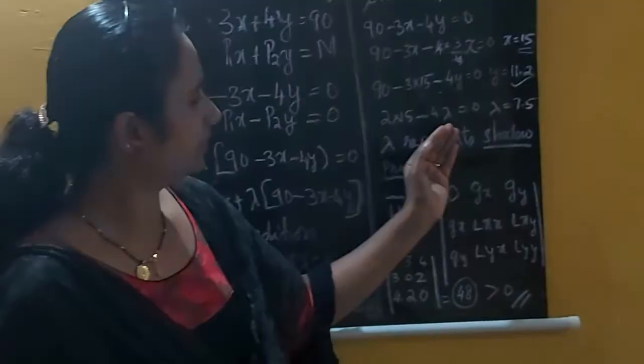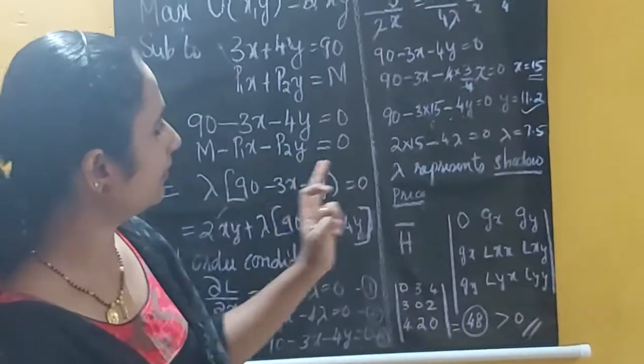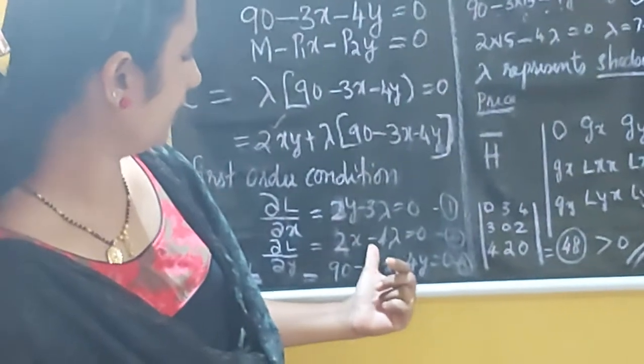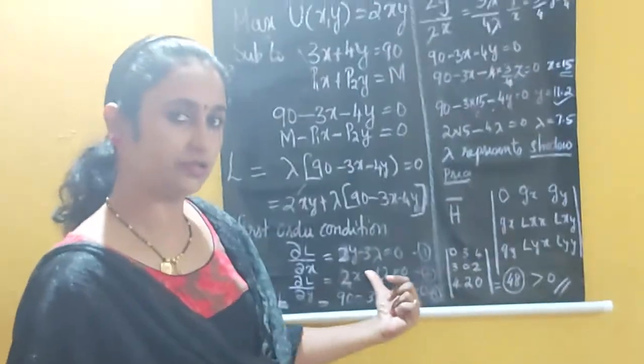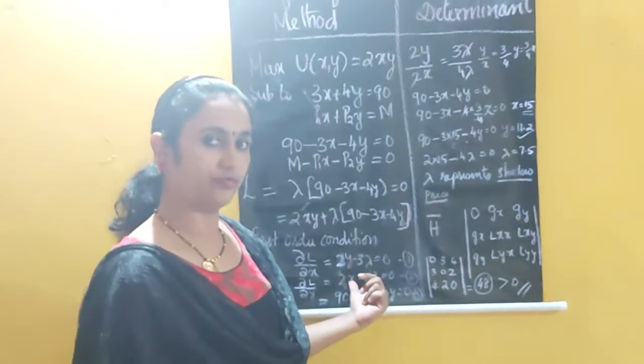Now we can substitute this x value in one equation in order to get lambda, that is 2x minus 4 lambda equal to 0. In this equation we can substitute the value of x equal to 15.